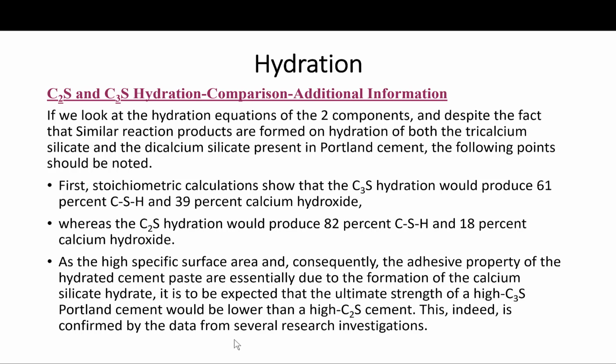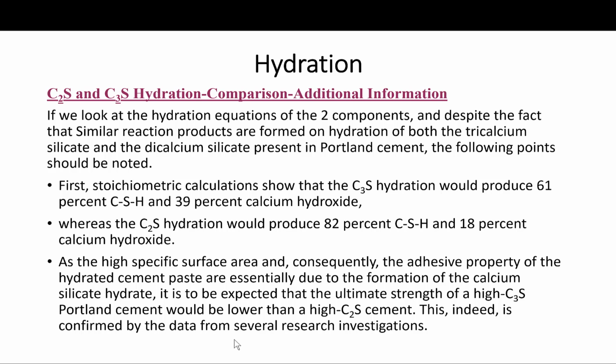However, I would like to elaborate more on the comparison between the C3S and C2S hydration. If we look at the hydration equations of these two components I showed earlier, despite the fact that similar reaction products are formed on hydration of both the tricalcium silicate and dicalcium silicate present in Portland cement, the following points should be noted.